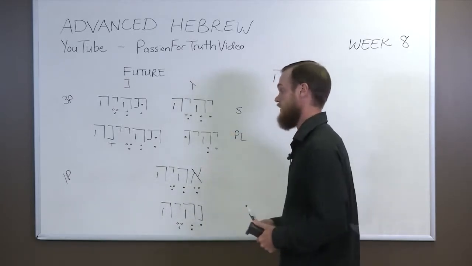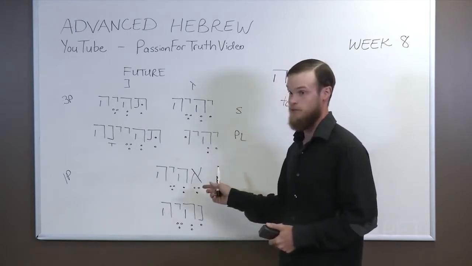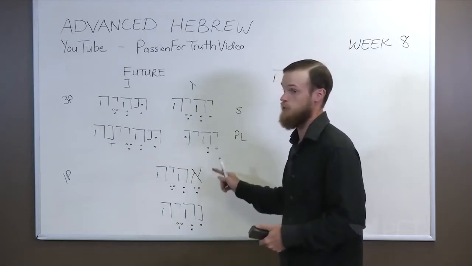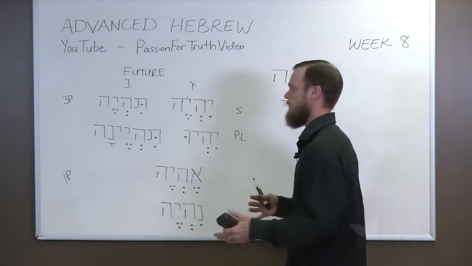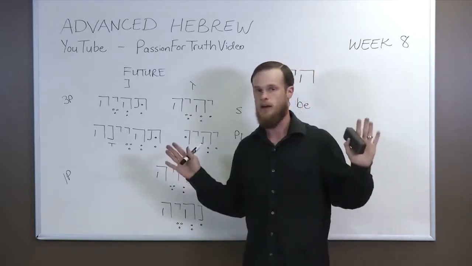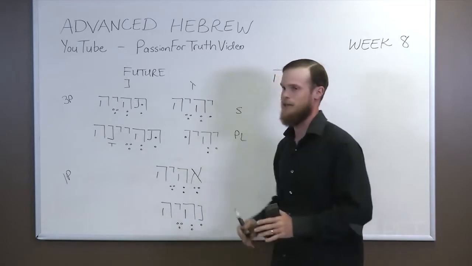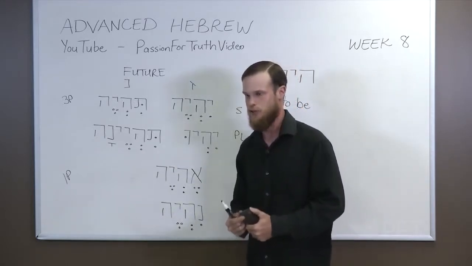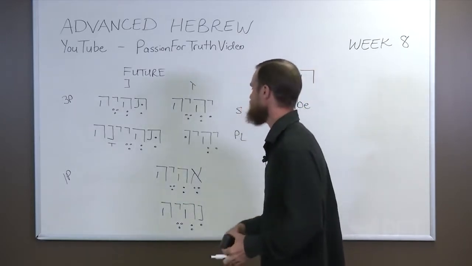And in fact, the proof that it means I will be is that a few verses earlier in that very same chapter of Exodus, the very same term is used, and it clearly must be translated I will be. I'm not picking on the translators, I'm just saying that grammatically speaking, eheye means I will be. It is the proper first person singular future tense conjugation of haya. So that's all I'm saying, and I'm going to leave it there.